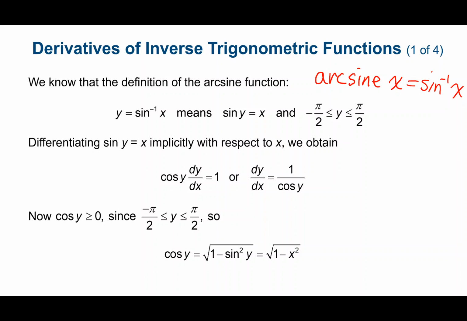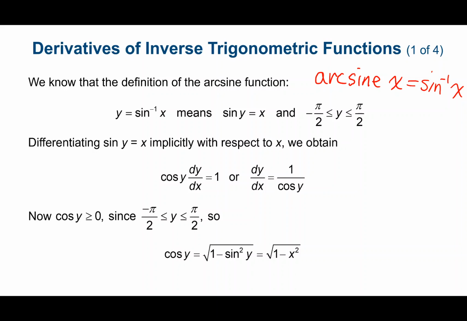Well, let's look at this. We're trying to find the derivative of the inverse sine function. Saying y equals the inverse sine of x means that sine of y equals x. And then we got our domain over here.